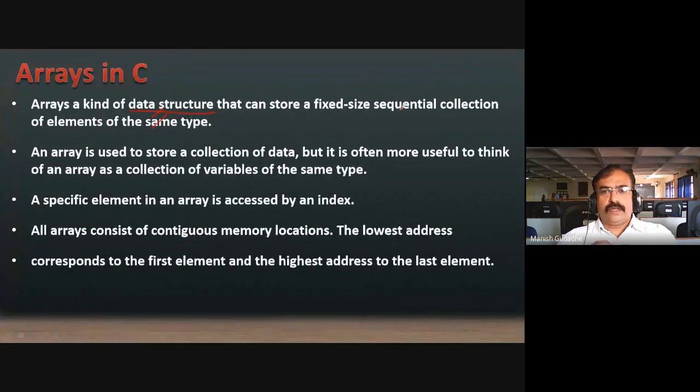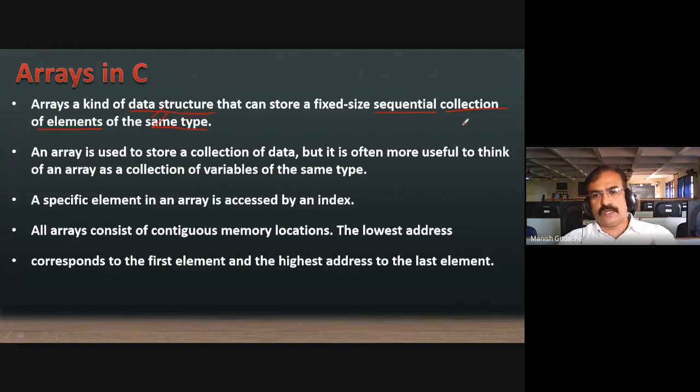And it's a collection of elements, a group of elements of the same data type which are maintained in a sequential manner, meaning one after another they will be managed.